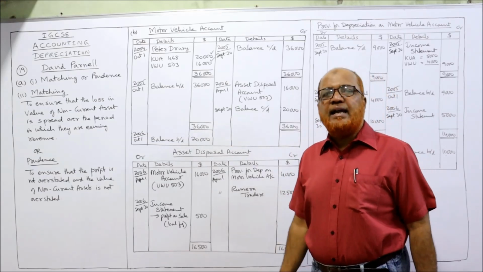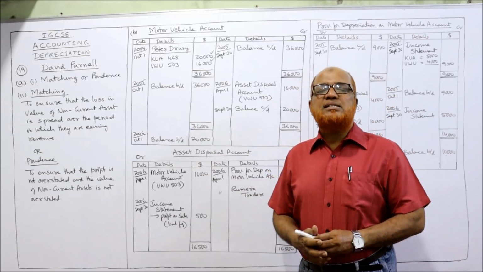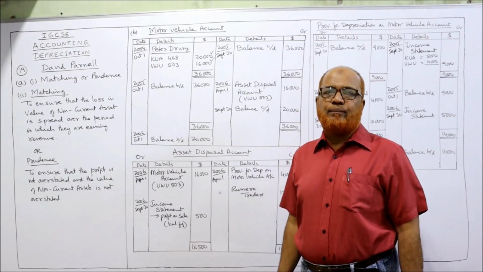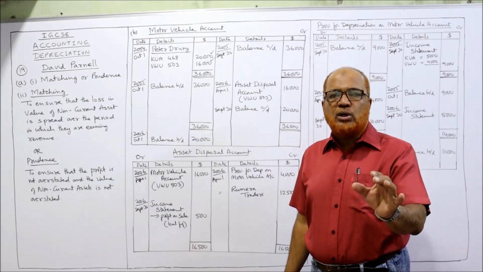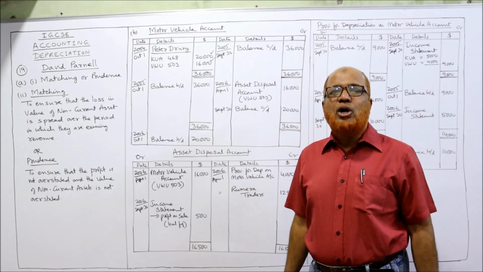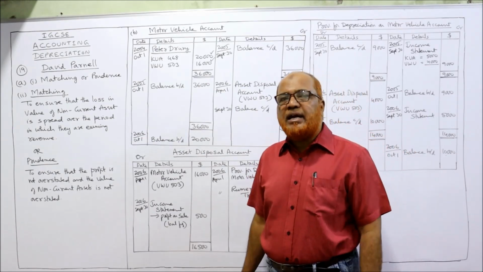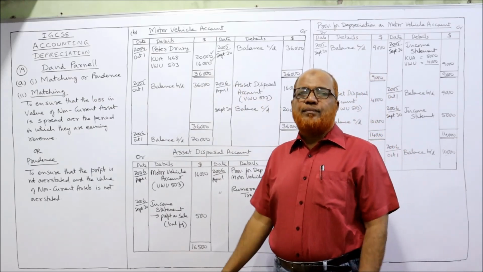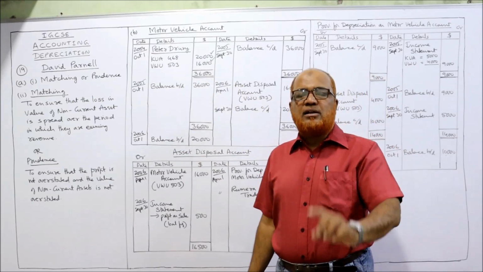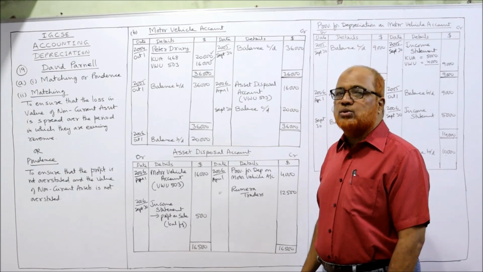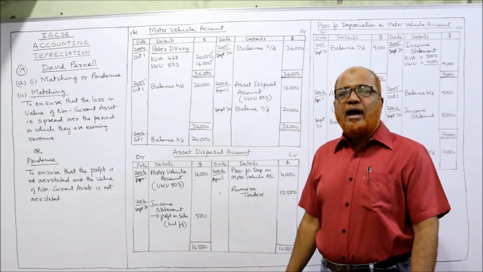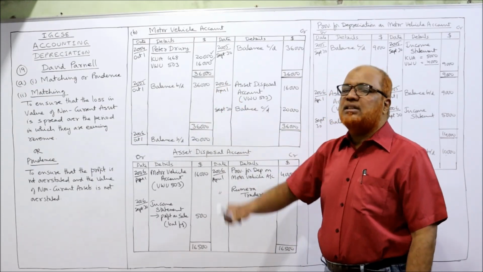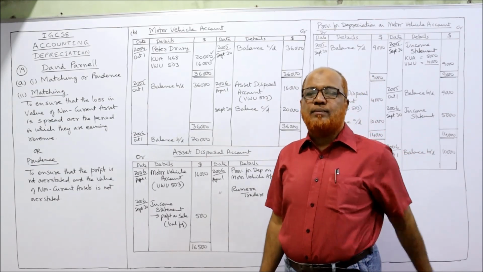Now, the first year ends on 30th September 2005. On 30th September 2005, we have to provide depreciation, 25% on a straight line basis. So 20,000 is the cost, and 25% of 20,000 comes to 5,000. And 25% of 16,000 comes to 4,000.